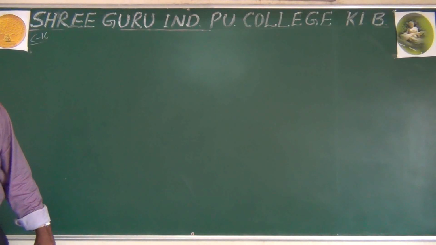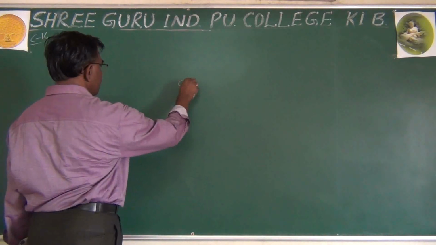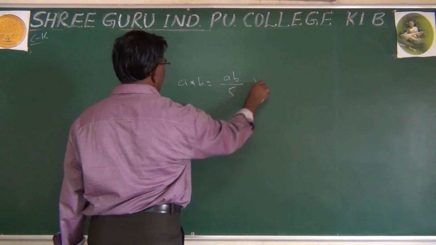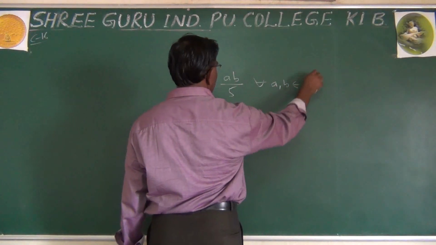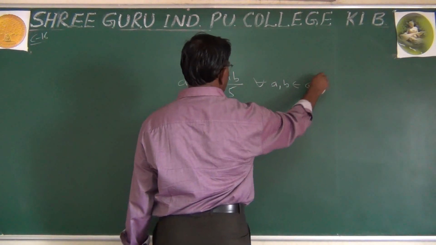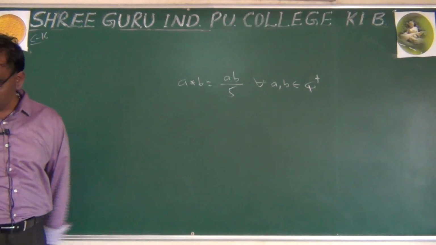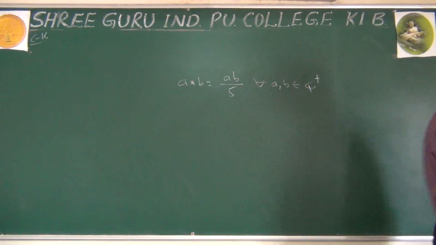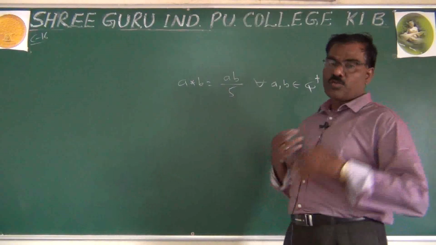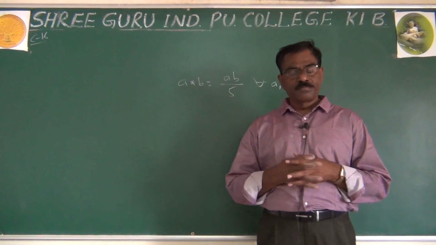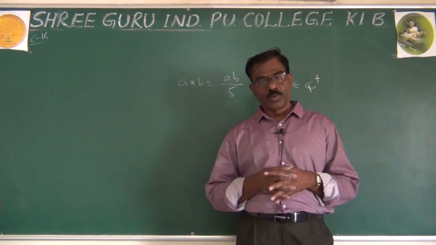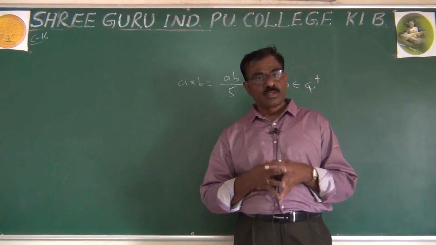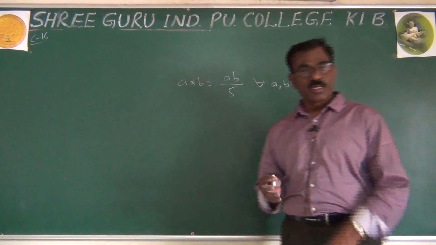One more problem, an old question I explained. A star B equals AB by 5, for all A, B belonging to Q plus, the set of positive rational numbers. All four properties are satisfied. Commutative and associative are satisfied.